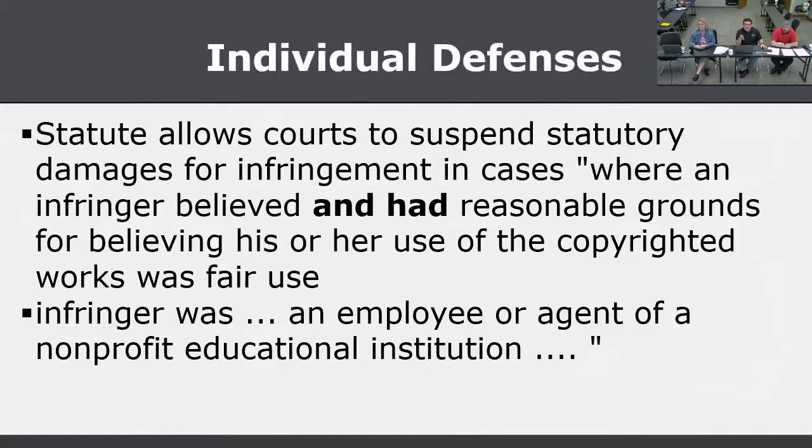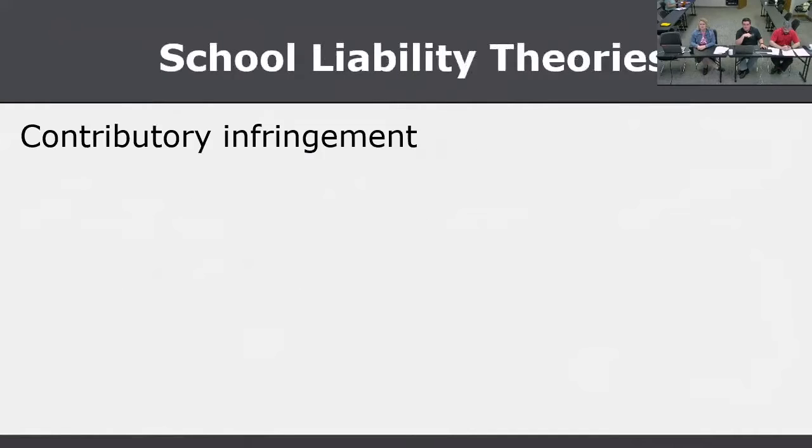That's why we can't emphasize enough that we may not be able to tell you exactly how you should play background or warm-up music at your basketball games during this presentation, but we can tell you how you can avoid most of this, and that's having some system in place to do some amount of analysis so that you can always say, we had reasonable grounds to believe our use was either a fair use or in some other way not a violation.